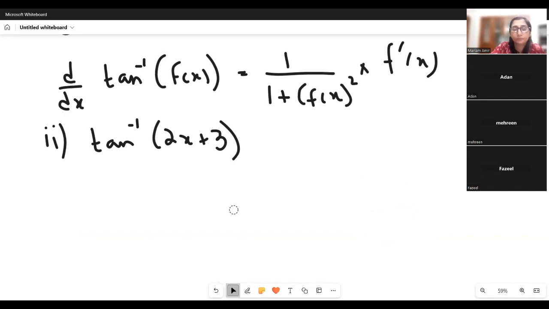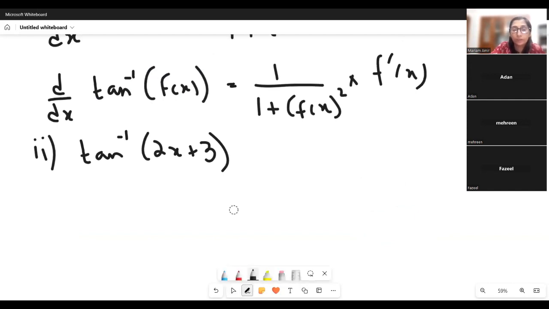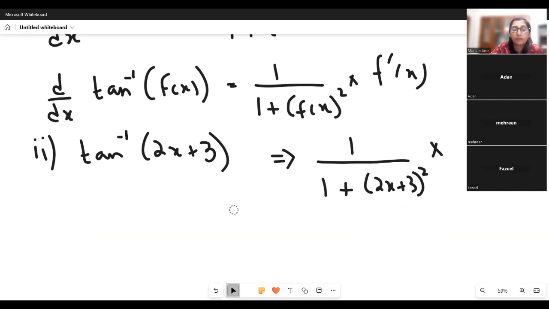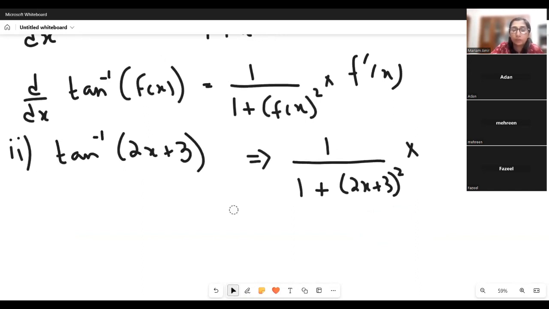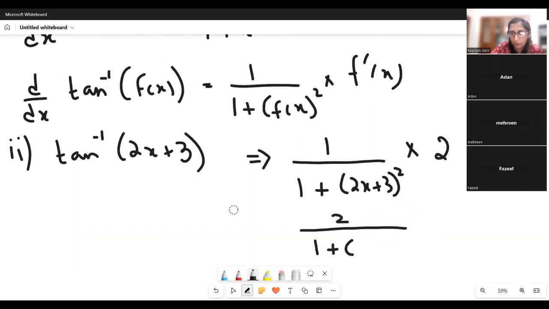Same formula. The derivative of this is going to be 1 upon 1 plus fx, which is 2x plus 3 whole square, times the derivative of 2x plus 3, which is just 2. So 2 upon 1 plus 2x plus 3 whole square.